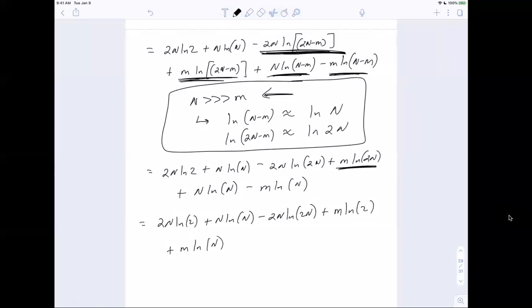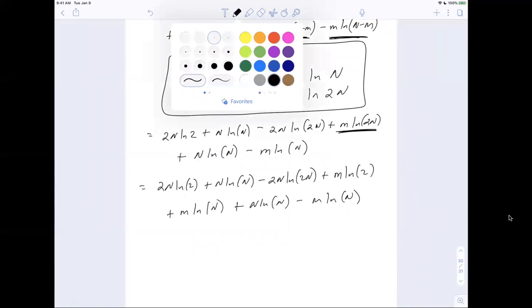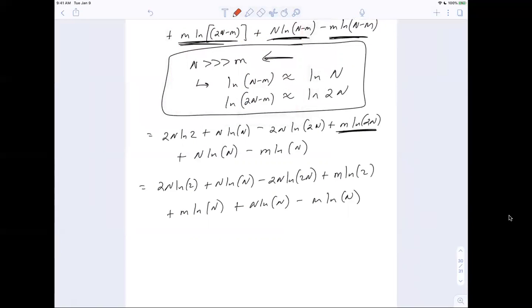And then we have a plus n log n minus an m log n. All right, let's see what we have here. We have a plus m log n and a minus m log n, so these guys will cancel.